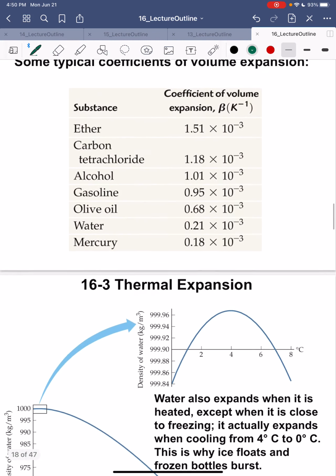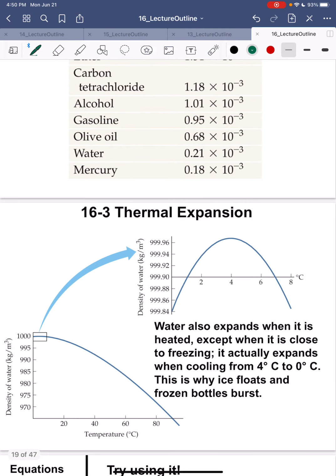Now, remember we said most of the materials or most of the substances. Here is an exception, which is water between 0 and 4. Water between 0 and 4 doesn't follow the expected behavior. It will reach the maximum density, which is 1,000 kilograms per cubic meter, at 4 degrees Celsius.